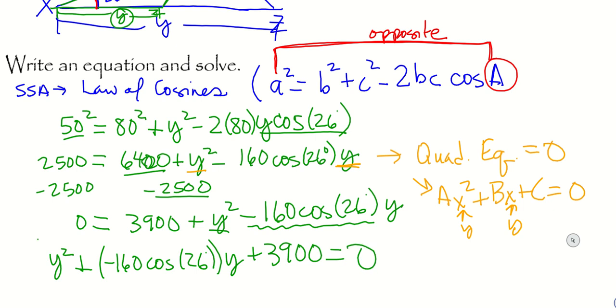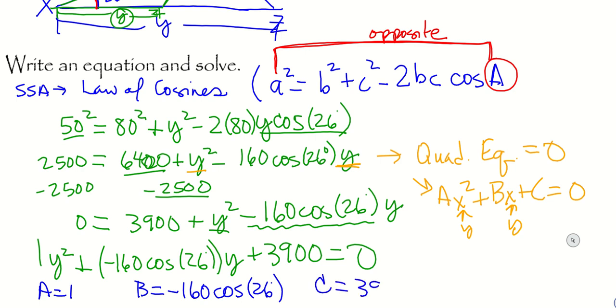So totally fine for me to put a 1 here. And when I do that, I can see that my a is 1, my b is negative 160 times the cosine of 26, and my c is my constant, 3,900. So I want to take that and put that into the quadratic formula.